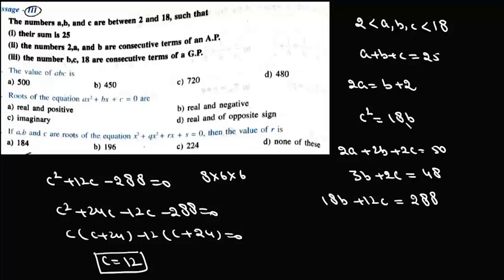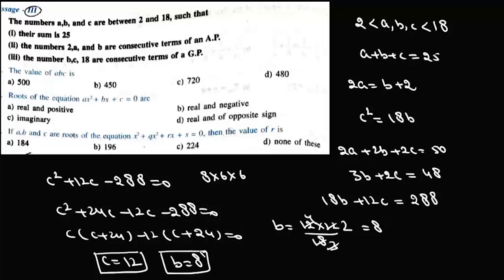Once we have the value of c, we can find b. Now this b is c square by 18, so there will be 12 into 12 divided by 18. So the value of b is 8. And if we put the values of b and c in the first equation, we'll get the value of a as 5. So the value of a is 5.